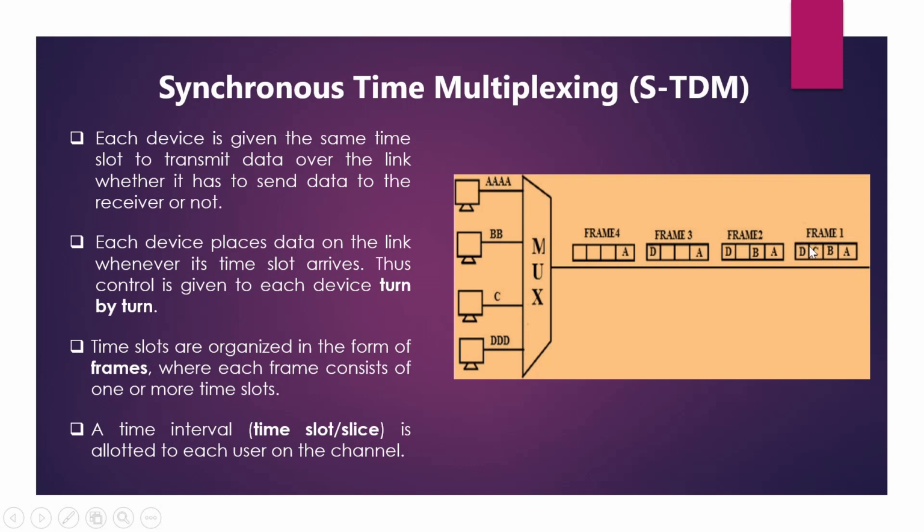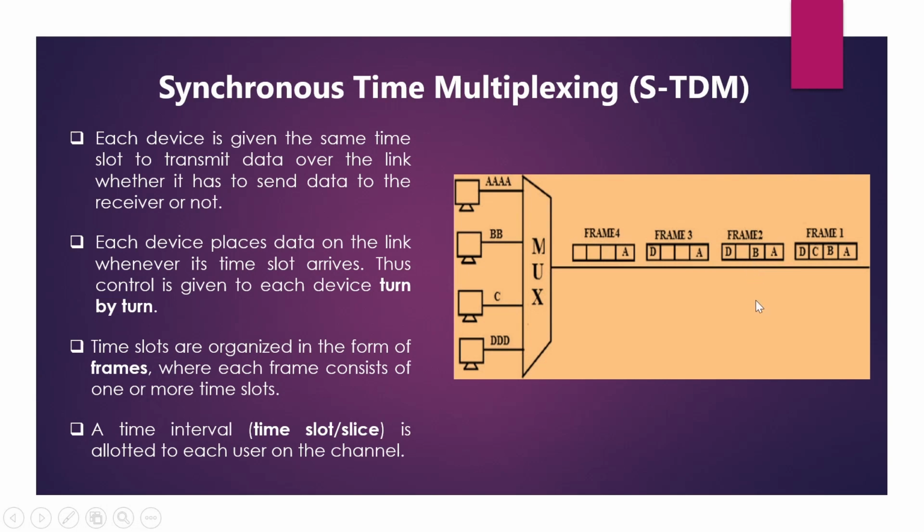from the inputs. So in case of frame 2, node A, or the computer A, or the user A, or the source A, has used the time slot to send or receive data. So is the case with B. C has missed out on its time slot.